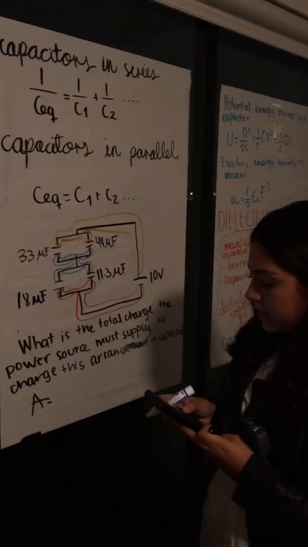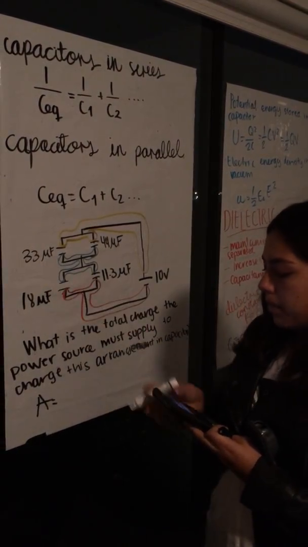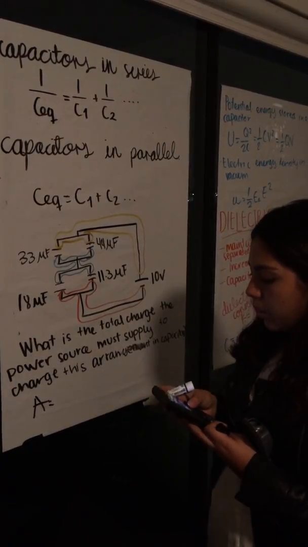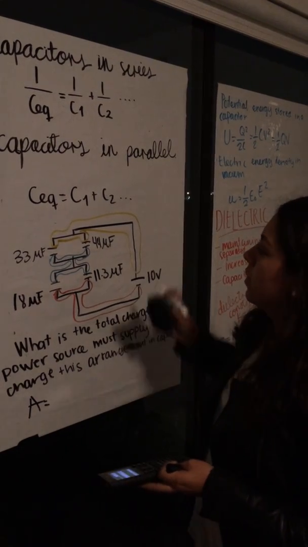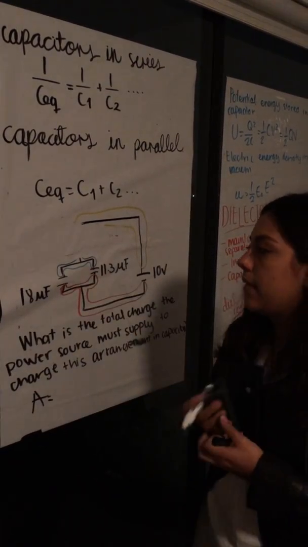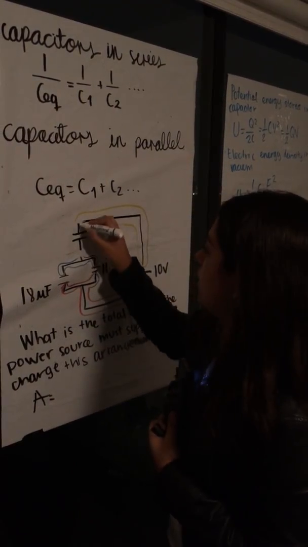So if we sum 33 microfarads and 44 microfarads, I'm going to erase this, we are going to obtain an equivalent of 77 microfarads. I'm just going to put it like this.